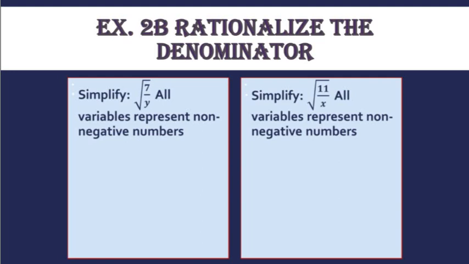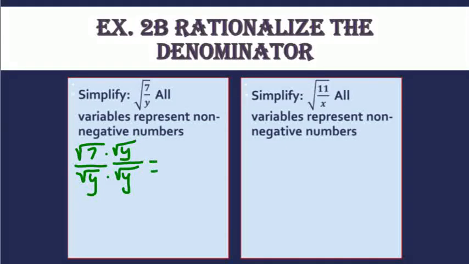If I rewrite this, this will be a square root of 7 divided by the square root of y. To get rid of the radical in the denominator, I must multiply it by itself, so the square root of y. Whatever I do in the denominator, I must also do in the numerator.